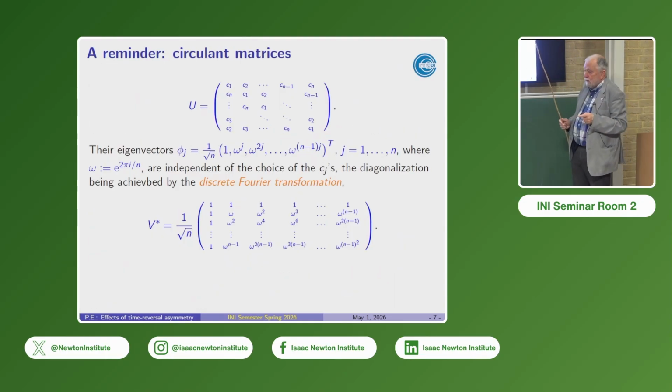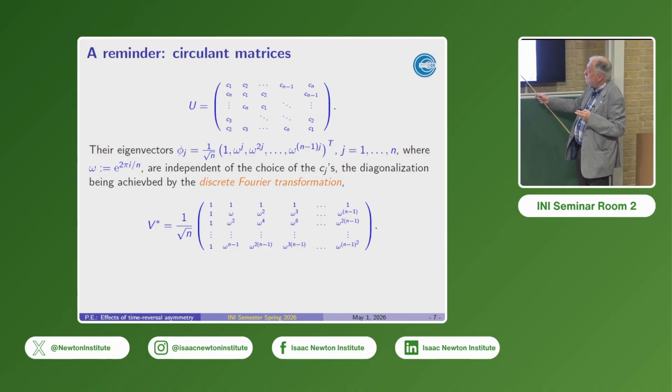Now, in general, it's difficult, but there is a class of matrices for which it works. Let me recall what the circulant matrices are. These are those which have the same values on each diagonal, and they are cyclic in the anti-diagonal direction. That's an interesting class, which has the property that, first of all, all of them have the same system of eigenvectors.